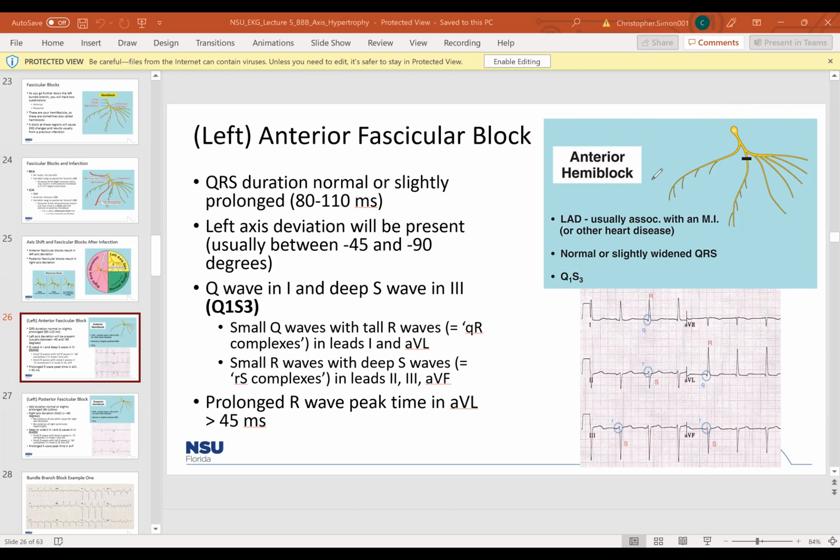So here's what we're going to pay attention to. Left anterior fascicular block. You're going to have what's called a Q1 and an S3. Well, what the heck does that mean? That means in lead 1, that's where the 1 comes from, you're going to have a Q wave, which you do right there.